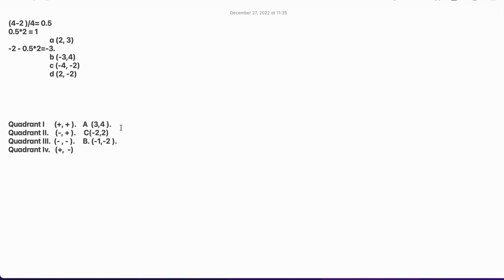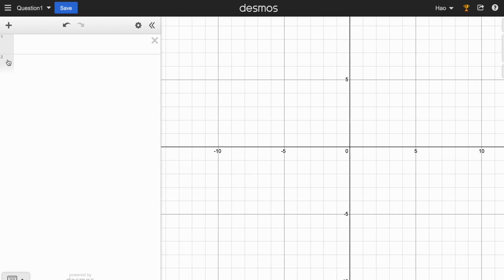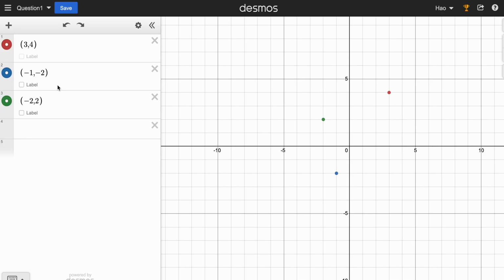And if you still don't understand how it is done, here, let me label them. These are the A, B, C 3 points, right? Here, let me label it more clearly.